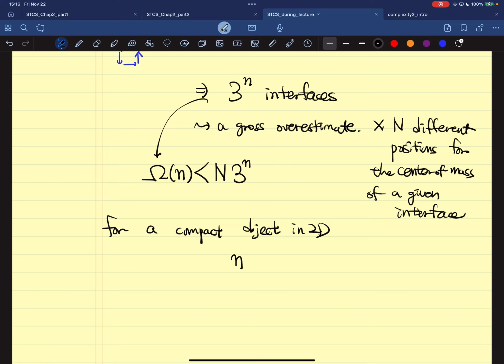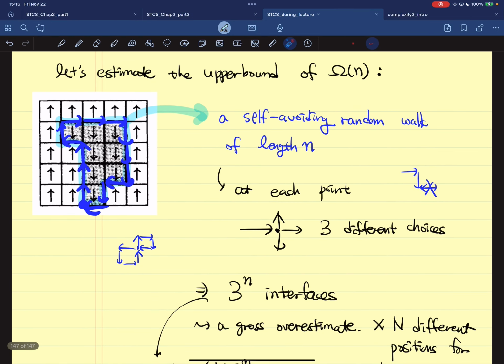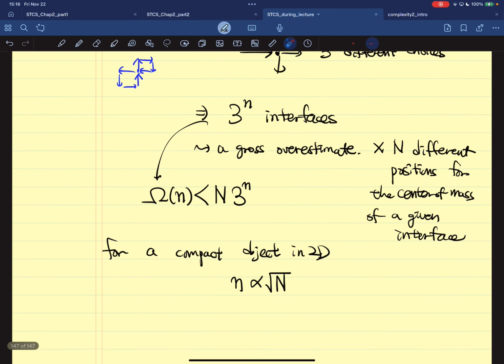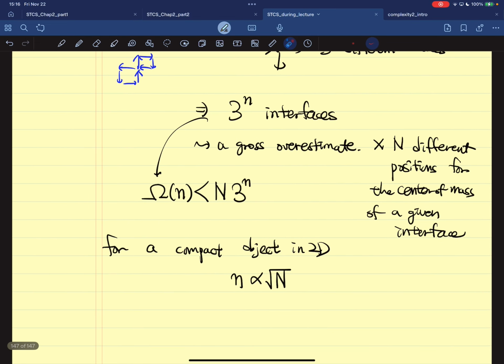The linear dimension should be proportional to the square root of the number of spins, for this domain to be a meaningful compact object in a two-dimensional system. So two domains of comparable size. This is also a scaling argument. So a lot of estimation or approximation is going on here.